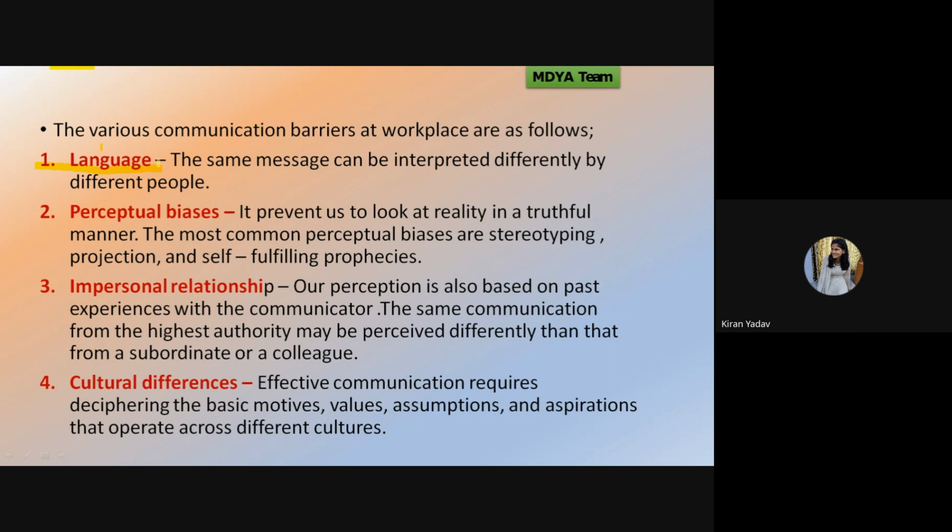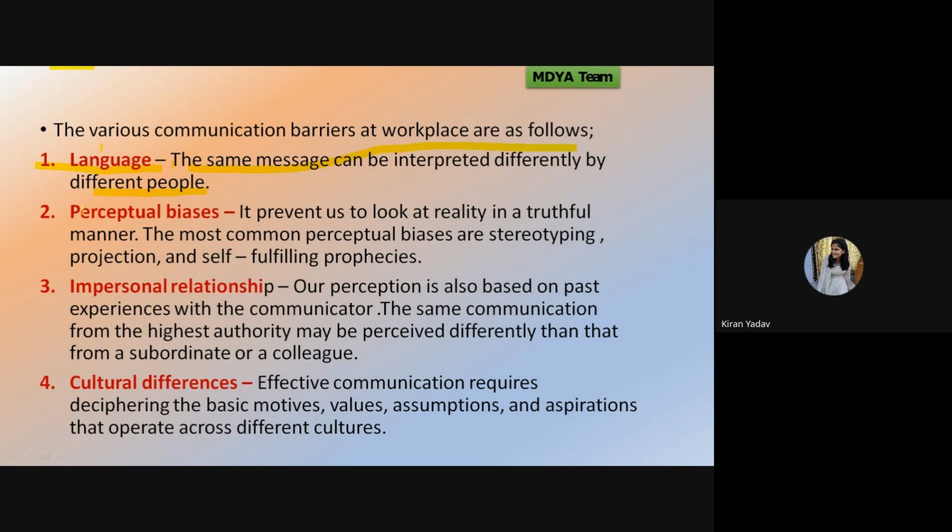And if people's accents are different, some people won't be able to understand others' accents, so this can also come in language barrier. Or if someone is more proficient and others are less proficient in a language, they might not be able to understand them. The same message can be interpreted differently by different people.